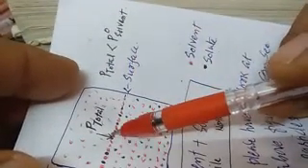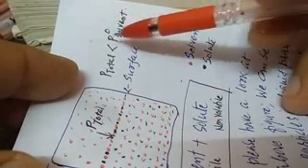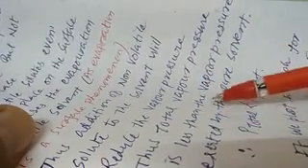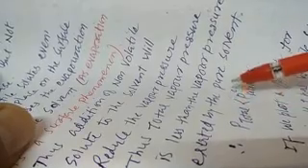The pressure exerted by the solvent in its pure form decreases, and the new total pressure is less than the total pressure exerted by the pure solvent. In other words, the addition of a non-volatile solute to the solvent reduces the vapor pressure. Thus the total vapor pressure is less than the vapor pressure exerted by the pure solvent. Therefore, we can write P total is less than P0 solvent.